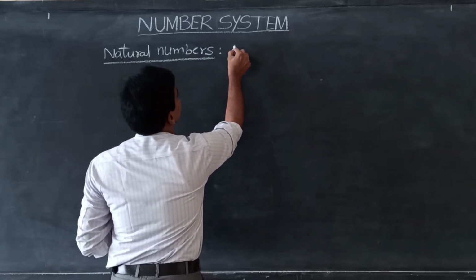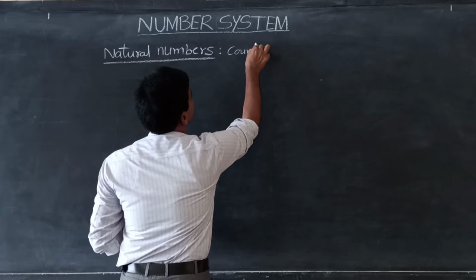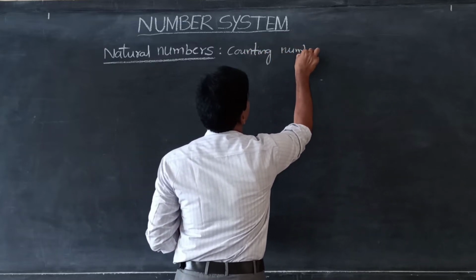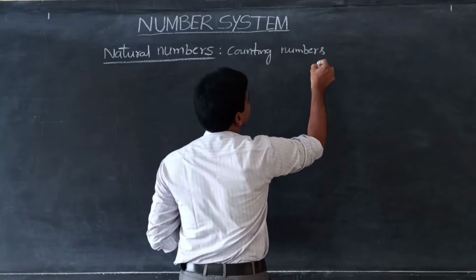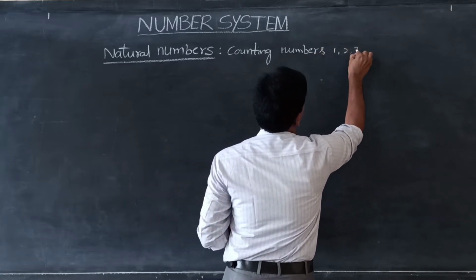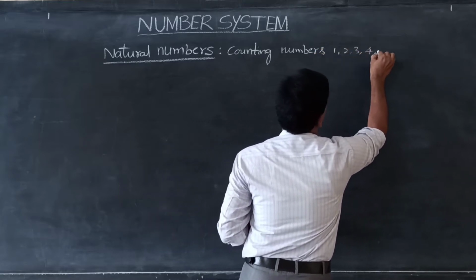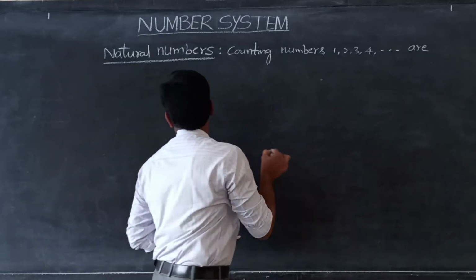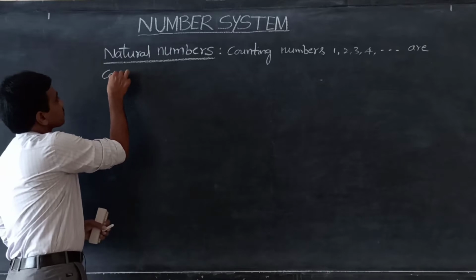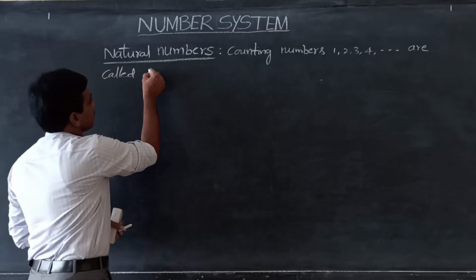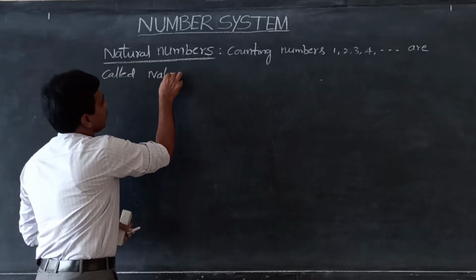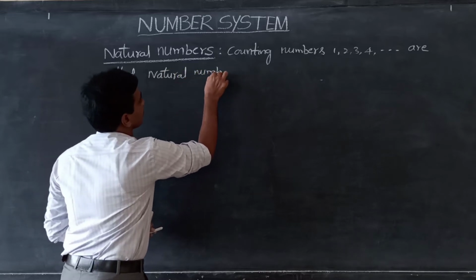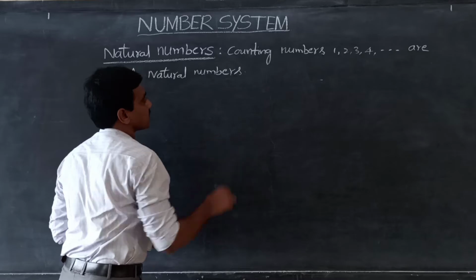Counting numbers 1, 2, 3, 4 and so on are called natural numbers.